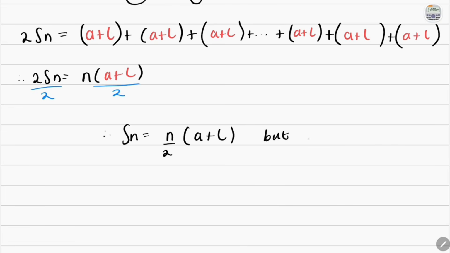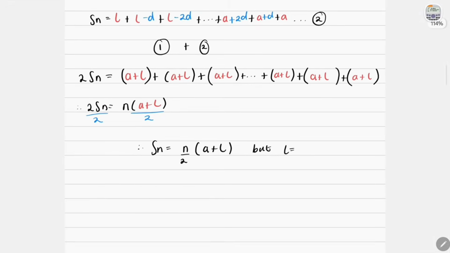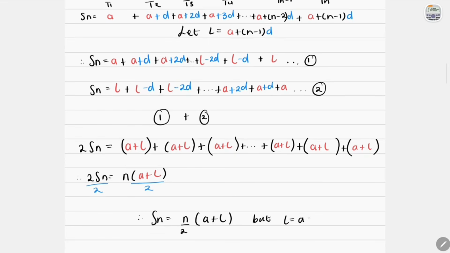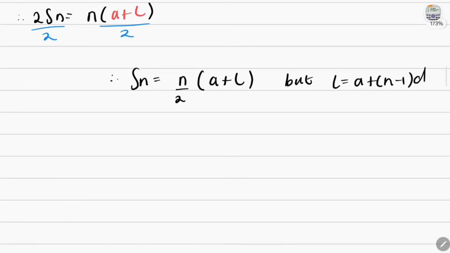But do you remember that we substituted in place of L because it looked big and complicated and we needed something simpler to work with? In place of this, we substituted L. So we're going to rewrite that. That is A plus n minus 1 times D. Okay, and we're going to input this in this formula. So we have Sn equals n over 2. And in place of A, we just still have A. But then, because this has 2 brackets, I'll use a square bracket here.